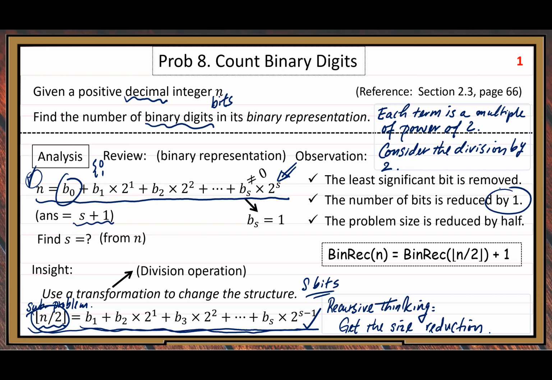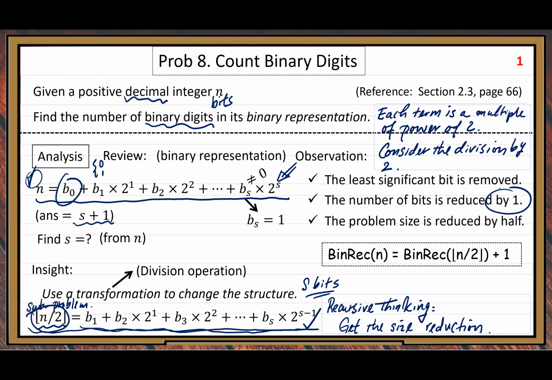You add that 1 back to the answer of that subproblem. Then you have this critical step, the recurrence relation.